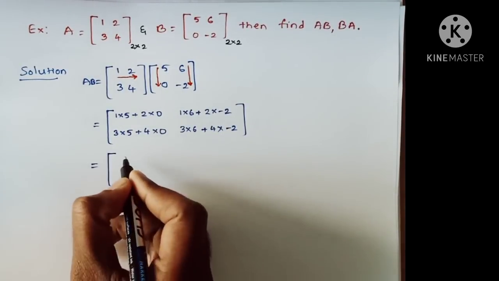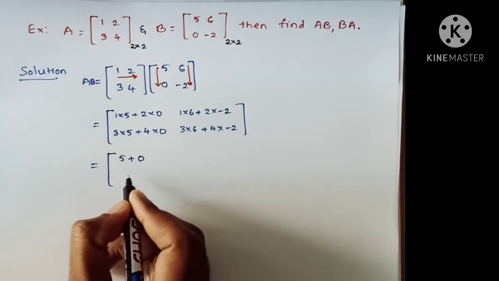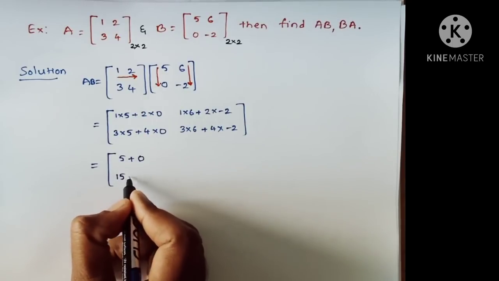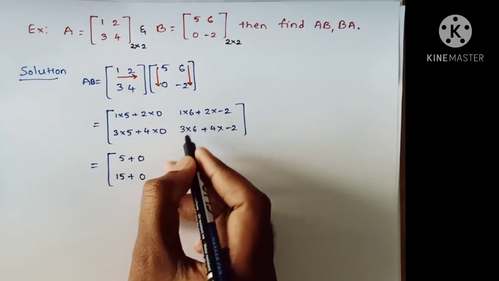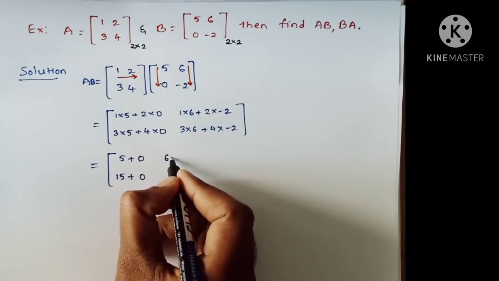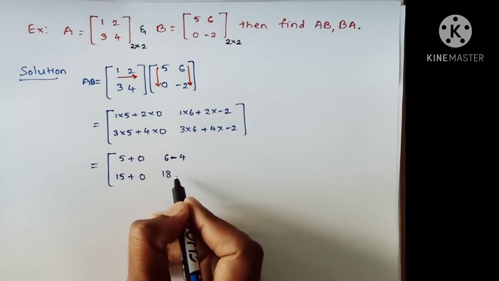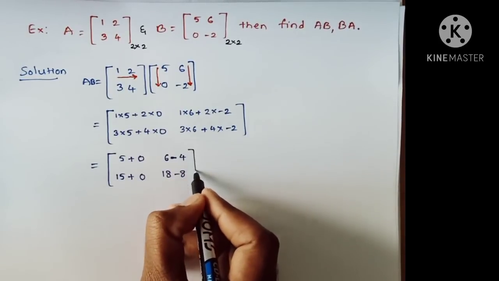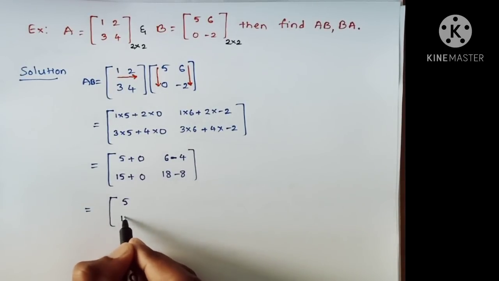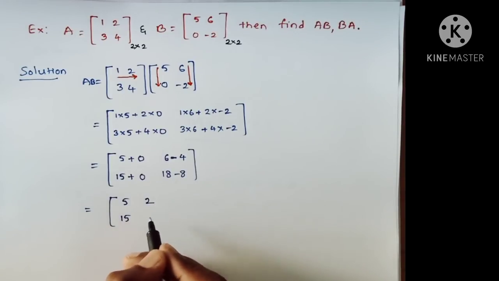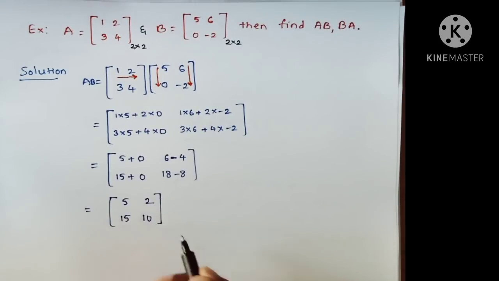So this is 1 into 5, 5, plus 2 into 0, 0; 3 into 5, which is 15, plus 4 into 0, 0; 1 into 6, 6, minus 4; 3 into 6, 18, minus 8. Now this is 5, 15, 2 and this is 10.